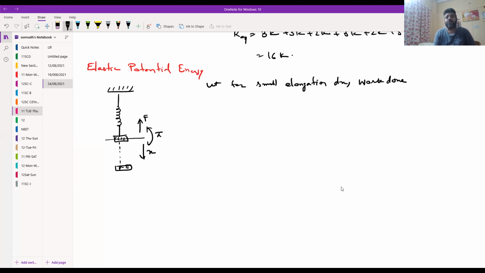So let for small elongation dx, work done dW is F dot dx, F dx cos 180 degrees, that is minus F dx.